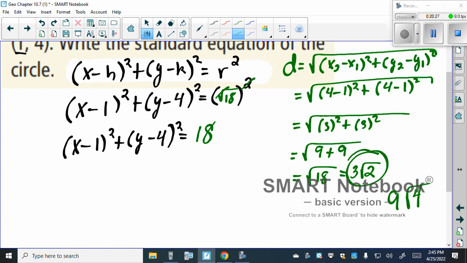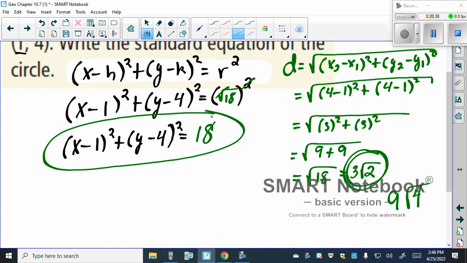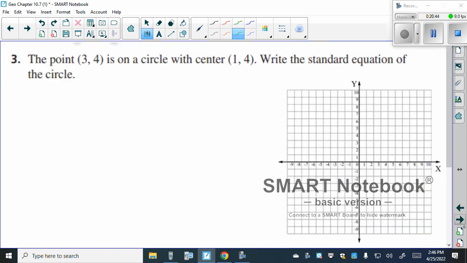If you do have a calculator, parentheses 3 square root of 2, close parentheses, squared, will give you the same answer. So this here is our equation. Any questions on any of this here? Let's look at one last one, and then we will be done for today.